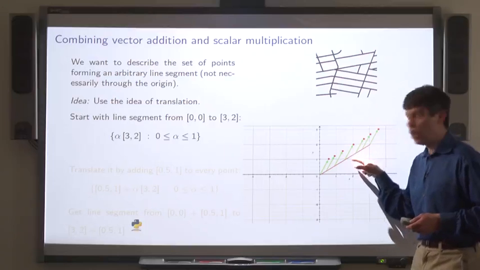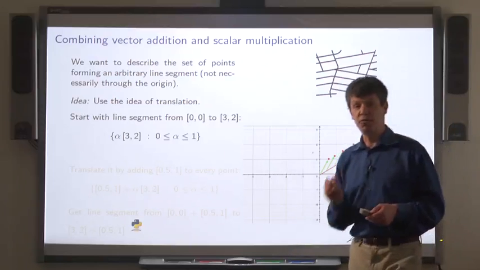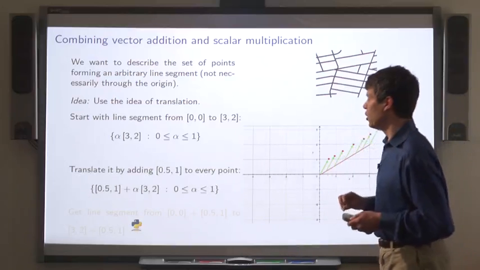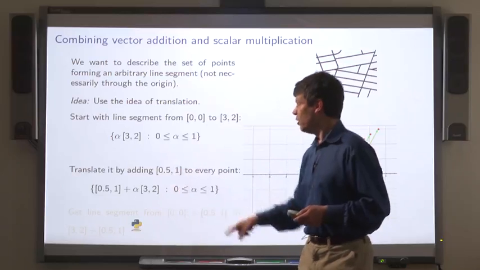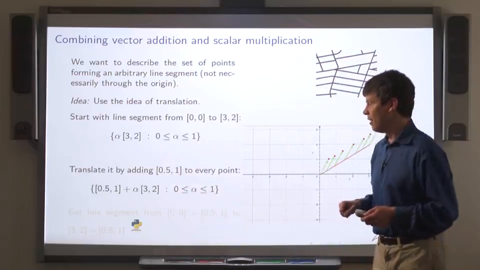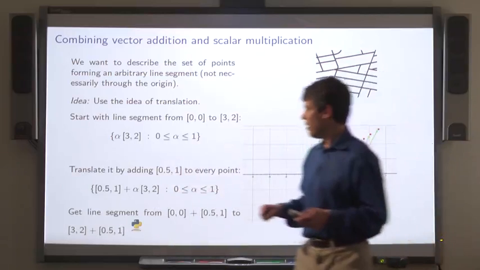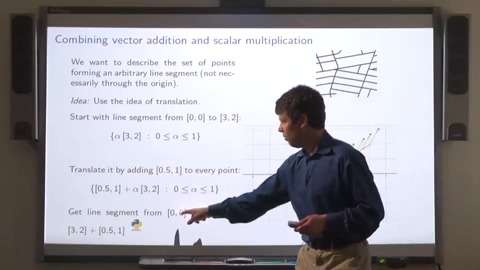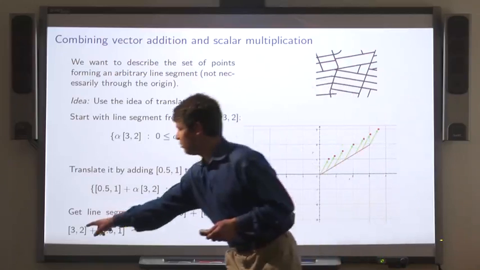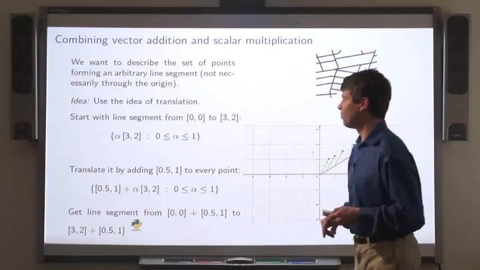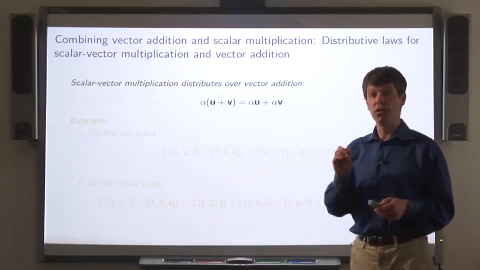What we're going to do is translate that. Now we know that translation is performed by doing vector addition. So we're going to add the vector [0.5, 1] to every vector in that line segment. And what we should get is the line segment from 0 plus [0.5, 1] to [3, 2] plus [0.5, 1]. Scalar-vector multiplication distributes over vector addition.